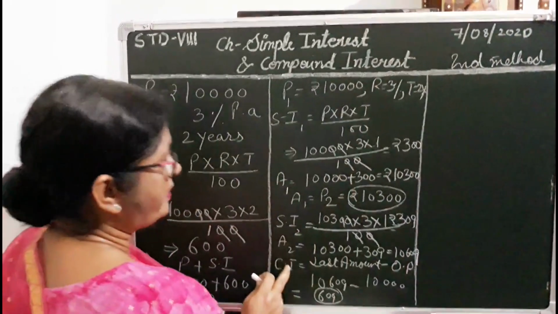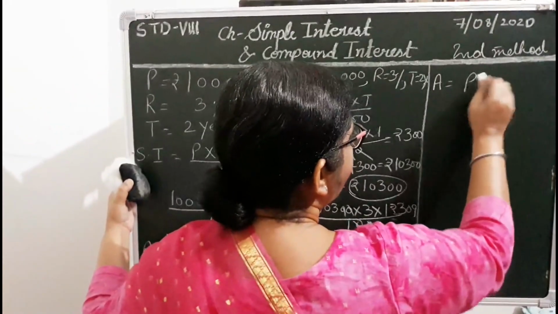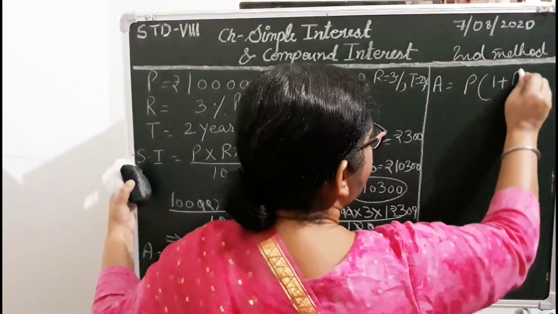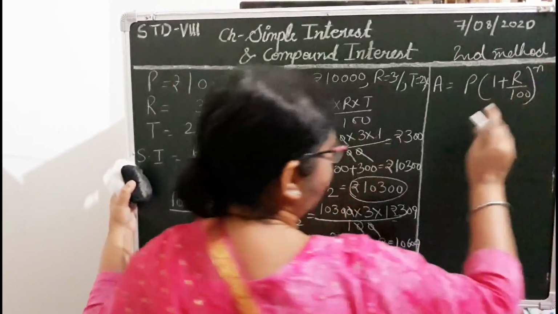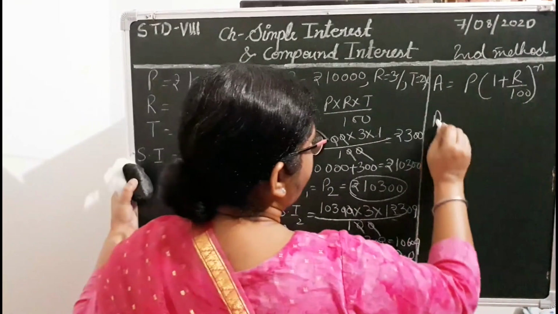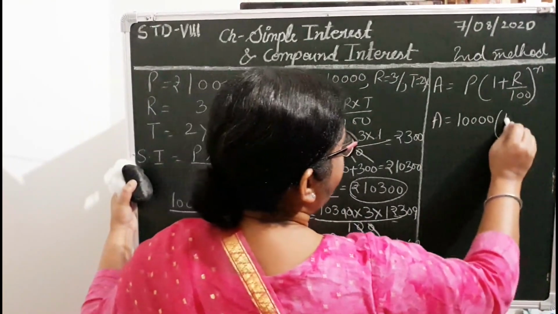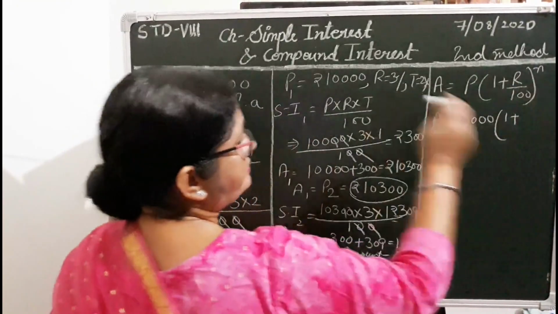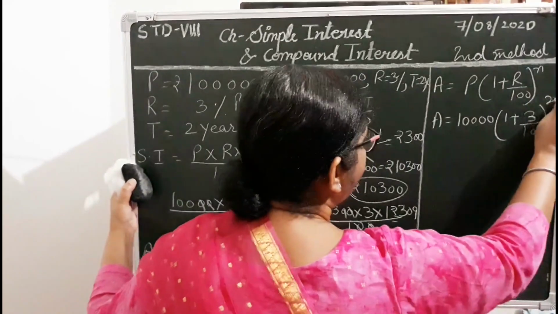Now the second method. How can you find the compound interest? Amount is equal to the formula P into 1 plus R over 100 to the power of time. Amount: P 10,000, 1 plus R 3% over 100, time 2 years.